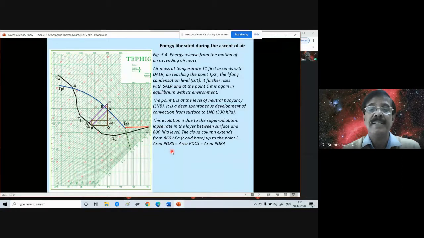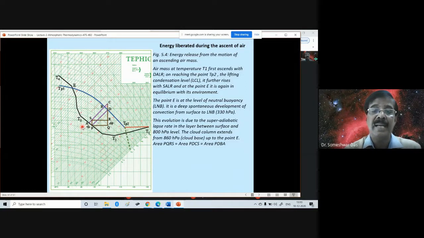So the area PQRS is equal to area PDCS, which is equal to PDBA. The total area between these two lines is the total energy which is hidden or latent in the atmosphere.